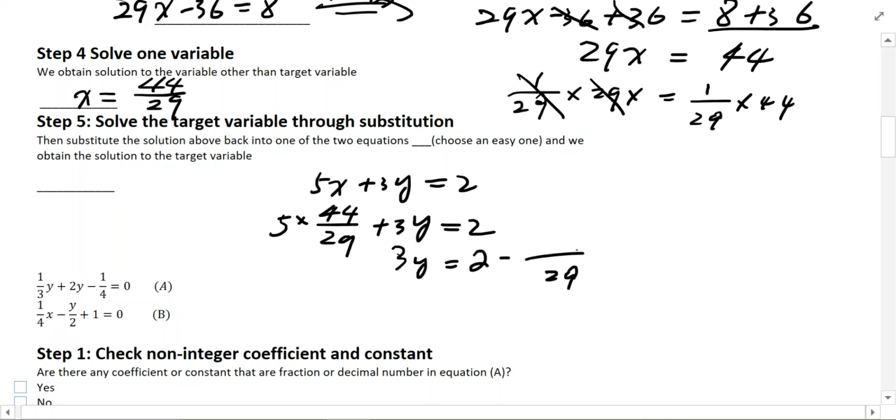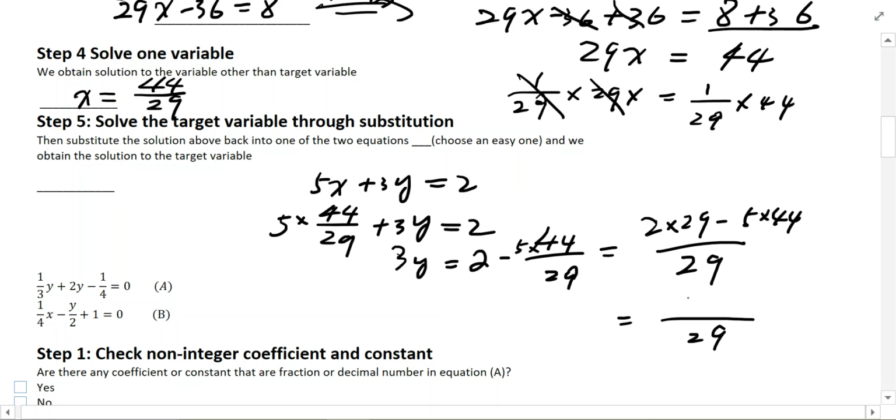So basically this is 5 times 44 over 29. So it's 2 times 29 minus 4 times 44, right? So we got 58 minus 220.